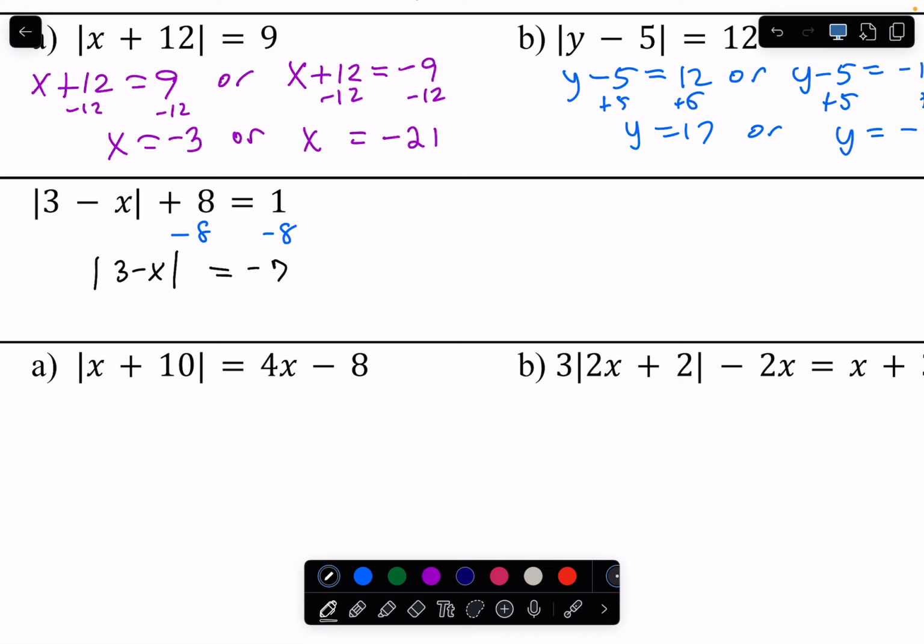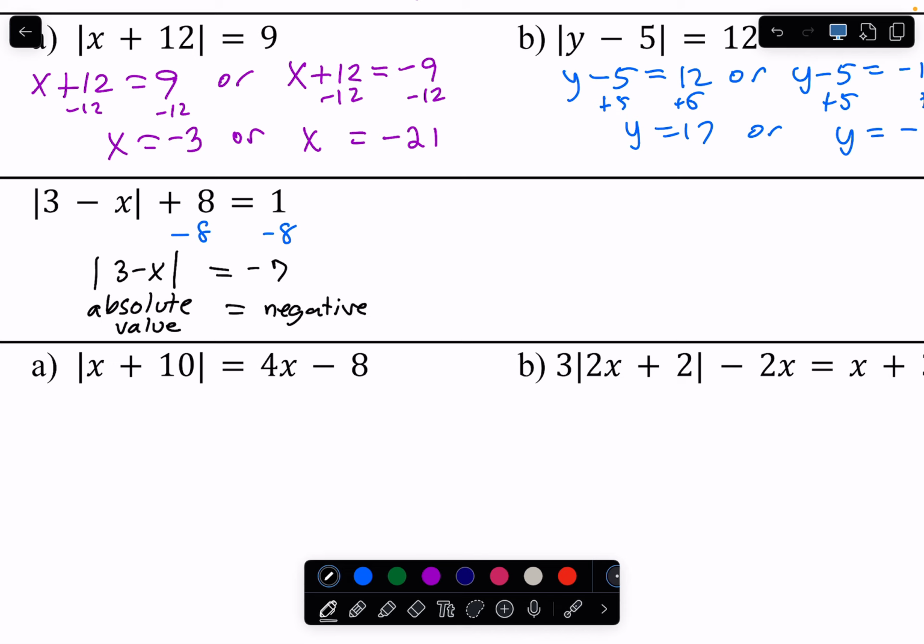Now, if you were to set up your 2 cases and then plug them back into the original, they don't work. Okay? Absolute value is a distance. One of the first things I told you is that absolute value makes everything positive. So this is saying that the absolute value equals a negative.